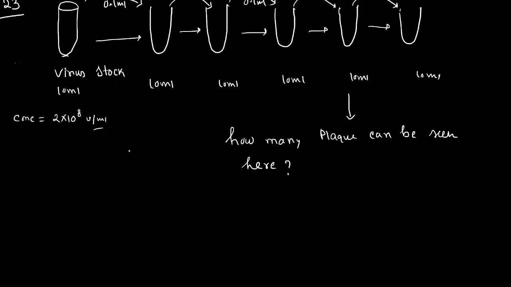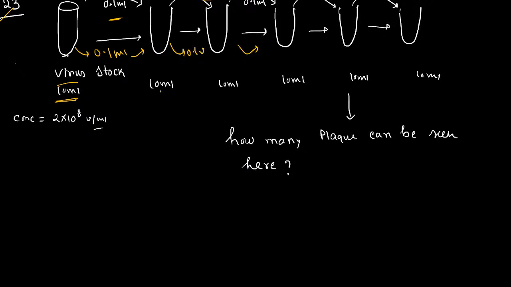Now, question number 23. Okay, so there is a mathematical question. You have to calculate it and tell me what can happen. There's a viral stock, and the viral stock has 10 ml. You are putting 0.1 ml here, and then 0.1 ml here, simultaneously.